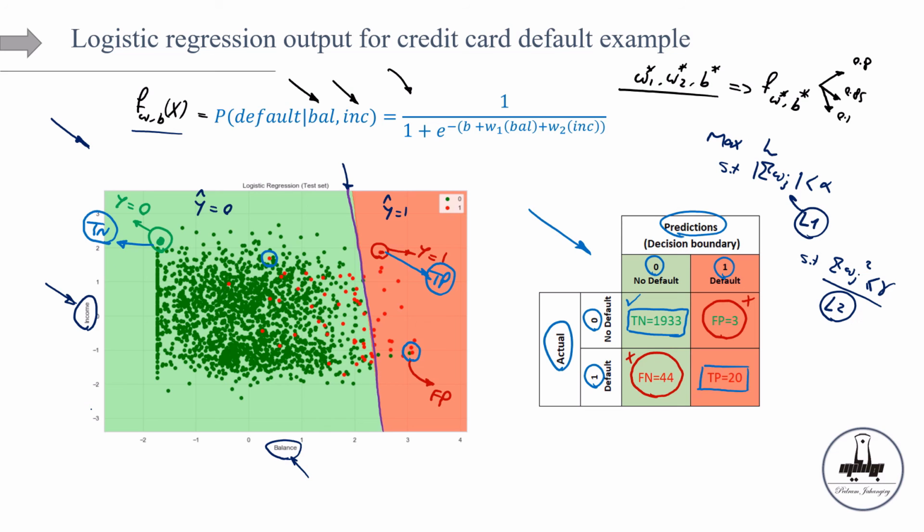The model predicted them to be 1, but they were actually 0. They were actually green, but the model predicted them to be red. And this one here is our false negative. The model predicted negative, but in reality it was positive. It was red. So we have false positive, false negative, true positive, and true negative.